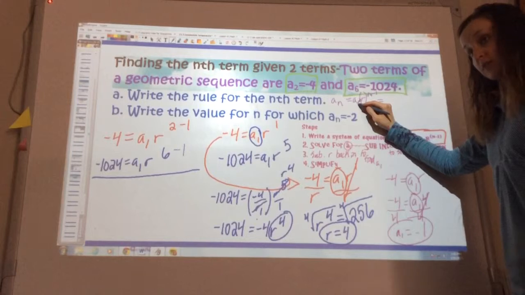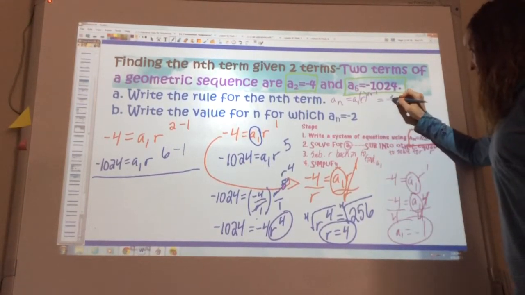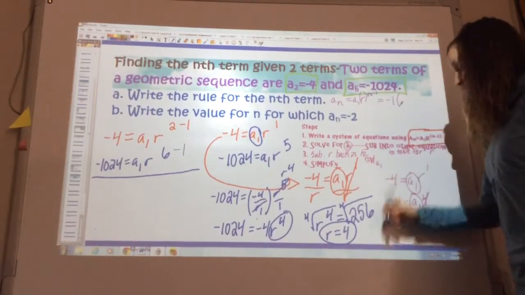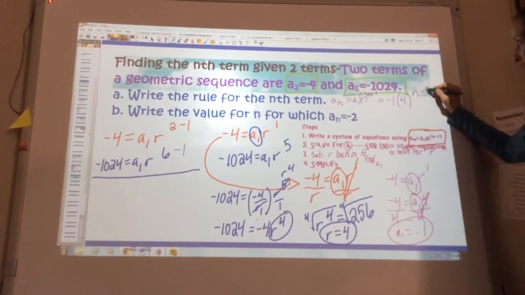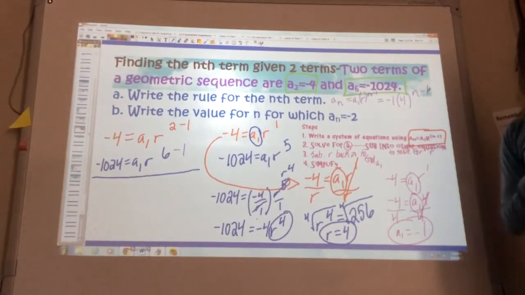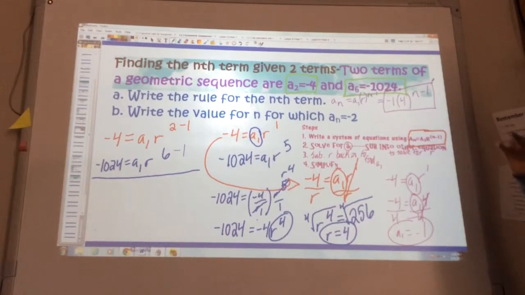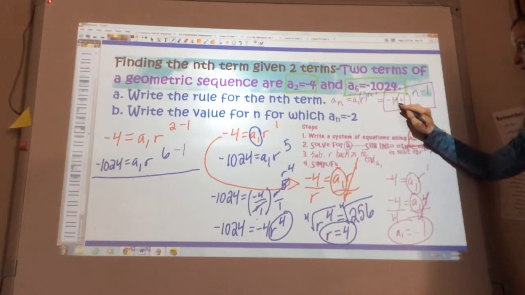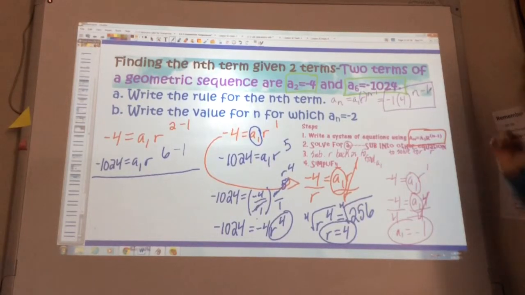Do we know our first term? Negative 1. Do we know our r value? 4. And then can we simplify n minus 1 at all? No. So this is our equation right there. A sub n equals negative 1 times the quantity of 4 raised to the n minus 1.